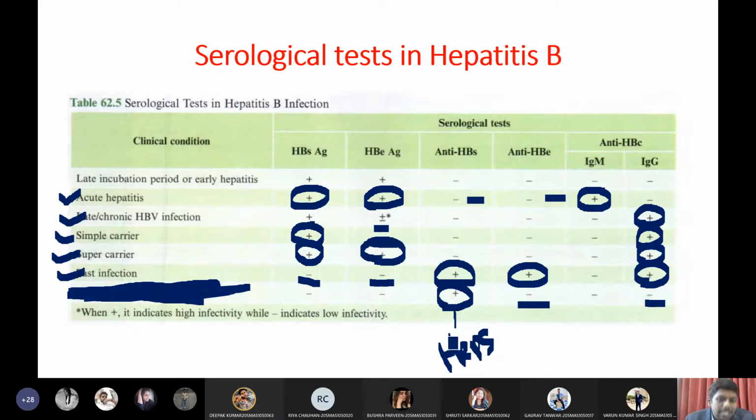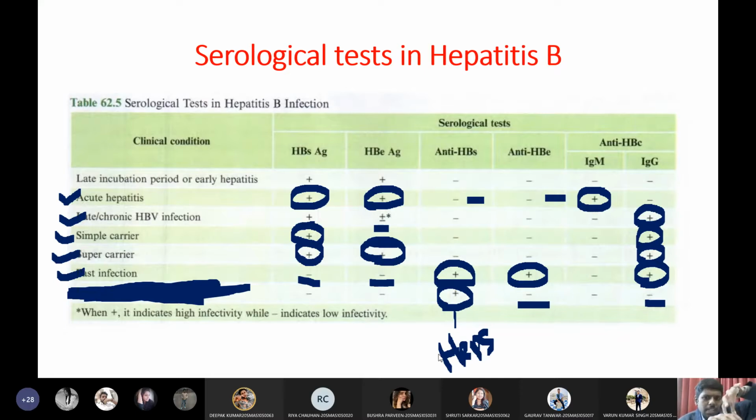So this is due to the vaccine effect. Due to the vaccine, he got surface antibodies, and these surface antibodies will protect him from the actual virus. Whenever the virus enters the body, the first thing our body encounters is the surface antigen, because the virus's outer side has surface antigen.